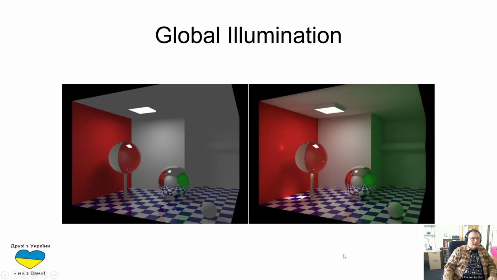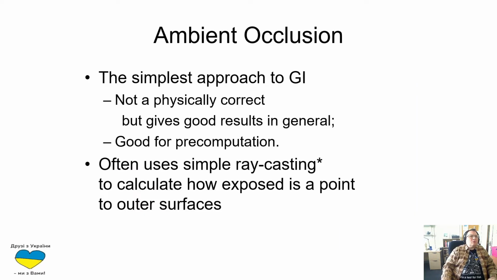So once again, a view of this scene. The simple approach to global illumination is known as ambient occlusion. It's not necessarily physically correct, but gives good results in general, and it's perfect for pre-computation.